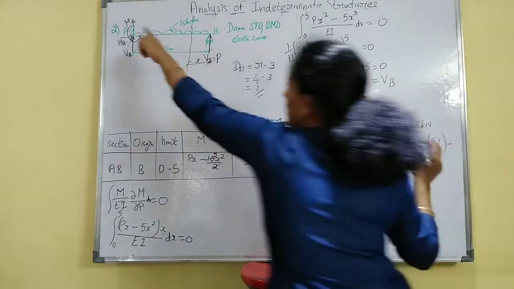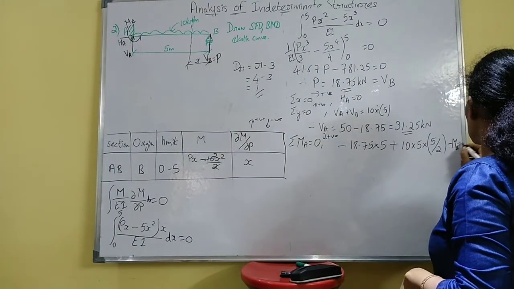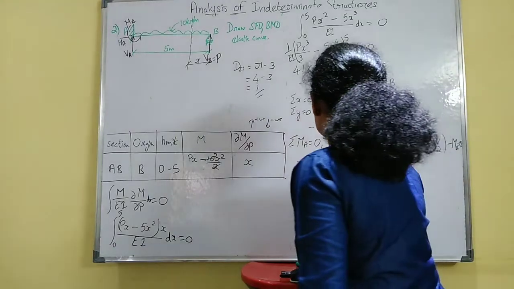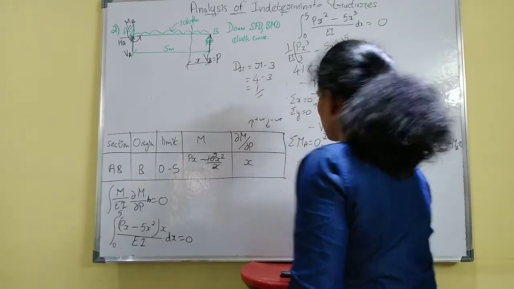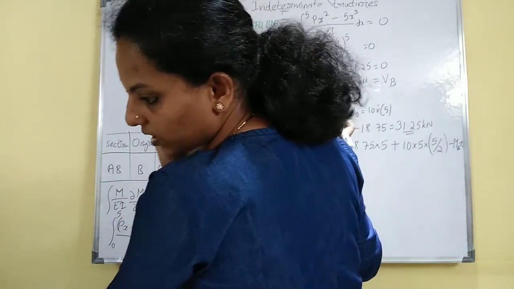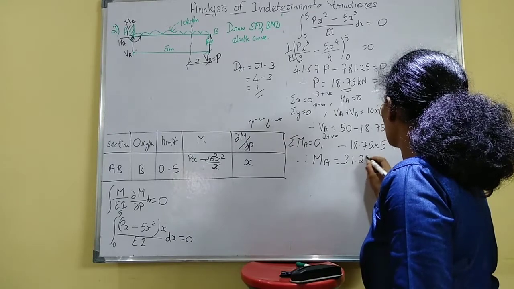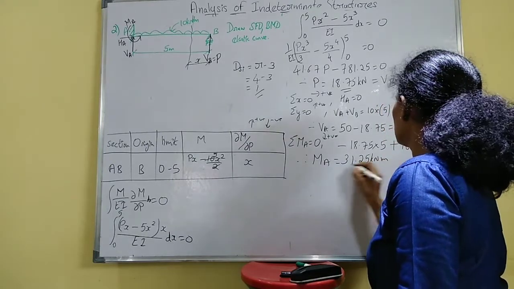And here you have MA, you assumed it as anti-clockwise, so minus MA equal to 0. Just calculate, you will get MA as positive values, so what you assumed is correct. So it is nothing but 31.25 kilonewton meter.